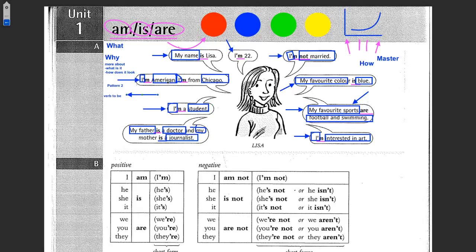For example, I, American. How can we link them together? We use the verb to be, right? This underlined verb is, am, are actually functions as a linking verb.